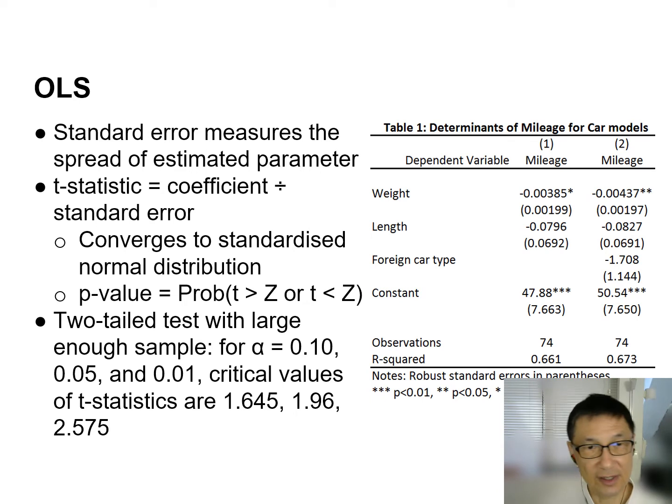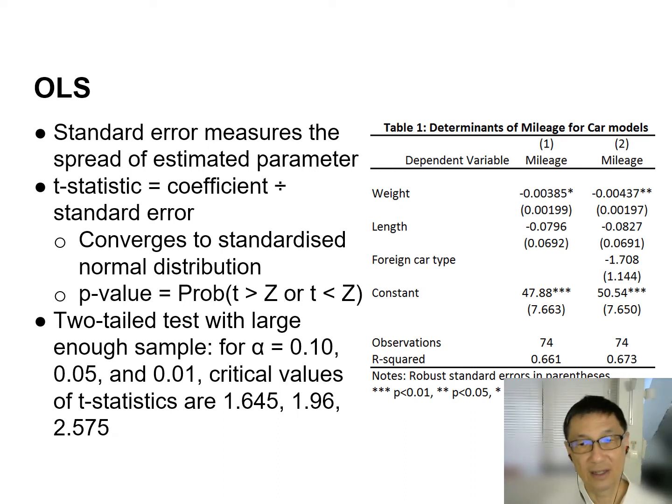Theoretically, the t-statistic converges to the standardized normal distribution. That is, with a large enough sample, the t-statistic follows the distribution of the normal. And we can compute the p-value of any estimate in a two-tailed test as the probability that the t that we observe is either bigger or smaller than the standardized normal.